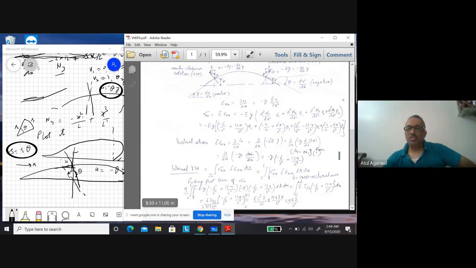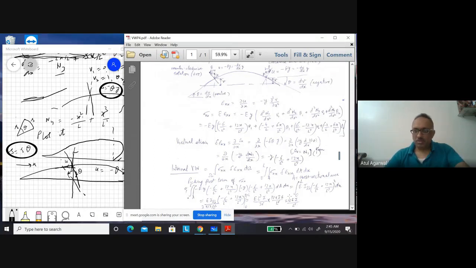Internal virtual work is given by actual stress into virtual strain integrated over the volume. So we have taken the first term of the sigma xx, this term, and the entire virtual strain. So we do this integration and we get this expression for internal virtual work.